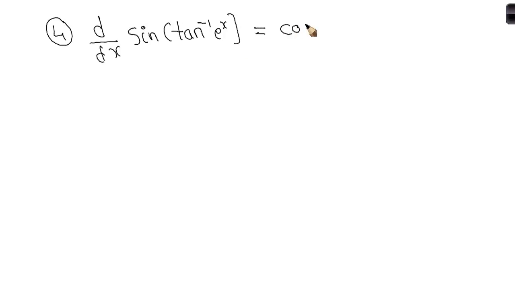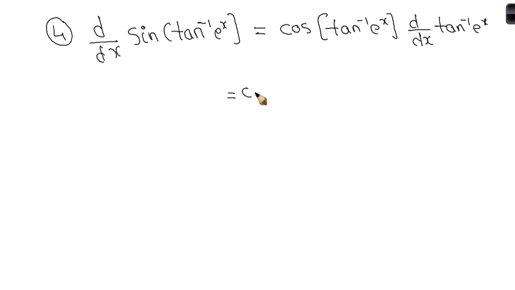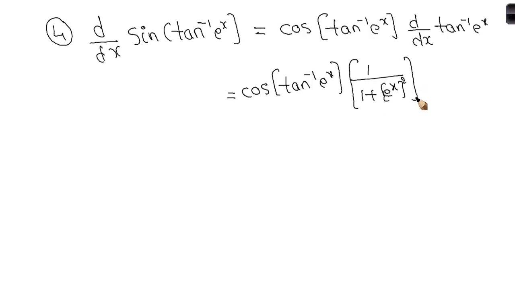The derivative of sine would be cos of tan inverse of e power x into the derivative of tan inverse of e power x. The derivative of tan inverse of e power x would be 1 by 1 plus x square, here it would be e power x whole square, into the derivative of e power x.